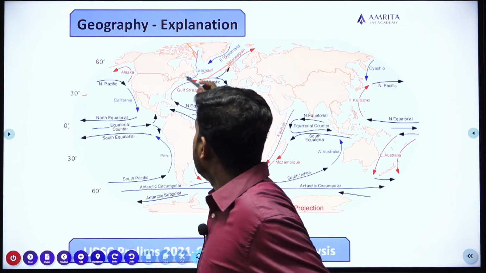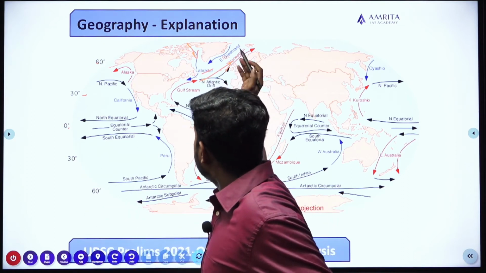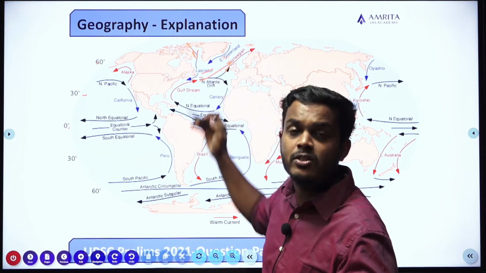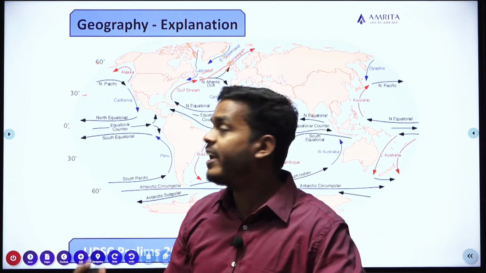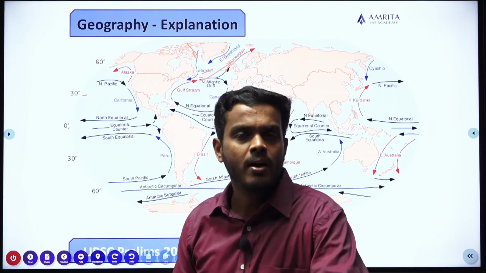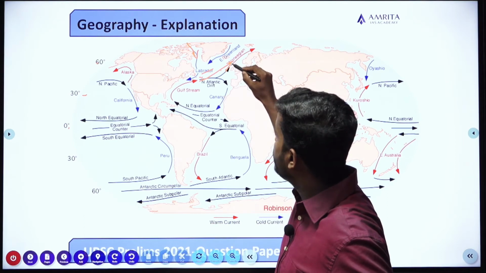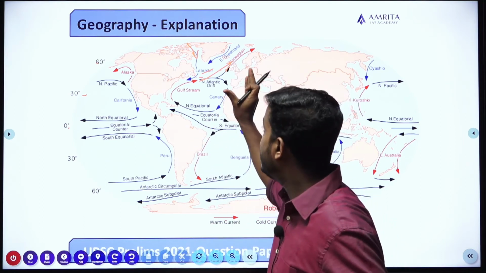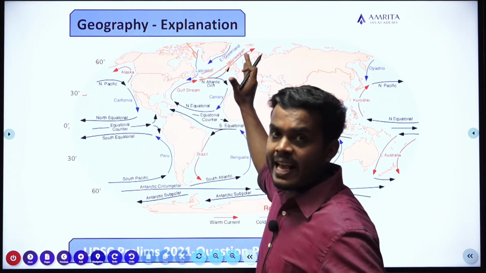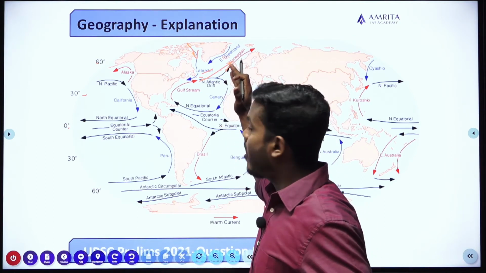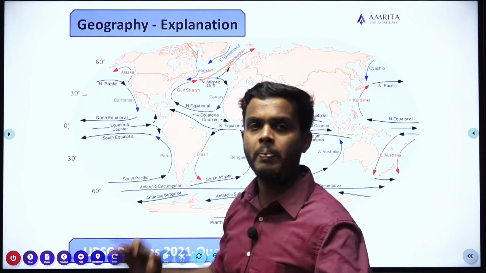Okay, so compared to the eastern part of the ocean, here we will have cold ocean currents due to upwelling, and again due to the cold ocean currents from the polar region. Okay, since this warm current went to the eastern part of the ocean, we can see that in the temperate latitudes, the eastern part of the oceans will have higher temperature than the western part of the ocean.